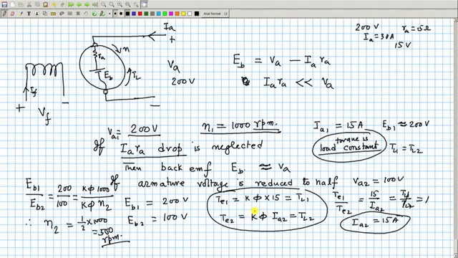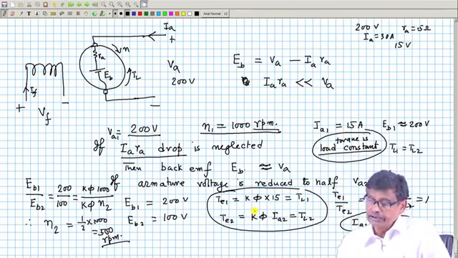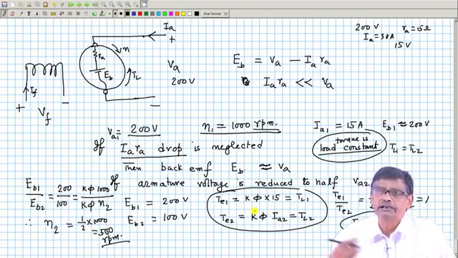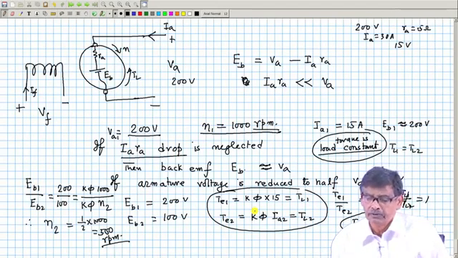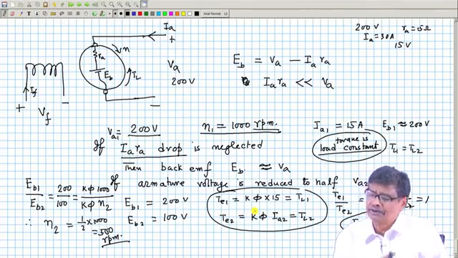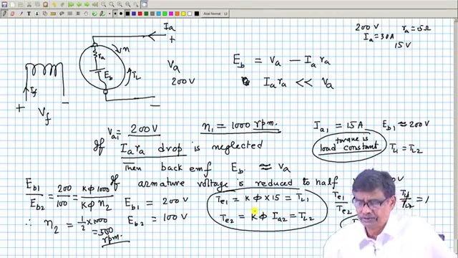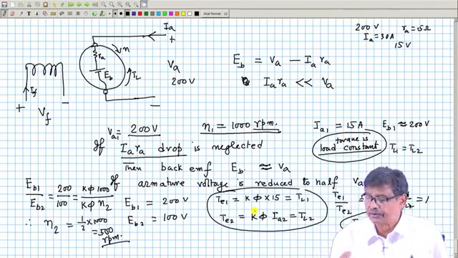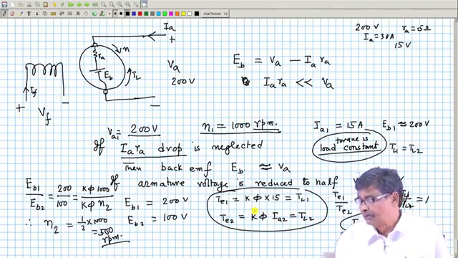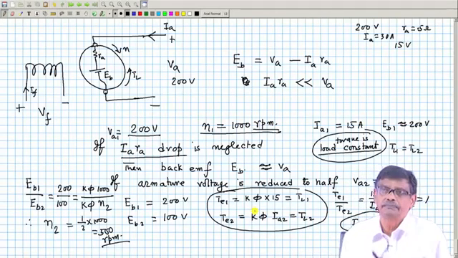Take the ratios of these back EMF equations and the torque equations, and there will be unknowns which can be easily computed. So, I stop here today and we will continue with this considering RA also in our next lecture. So, I indicated simply that if RA can be assumed to be neglected, IRA drop, then calculations are much simpler. Thank you.